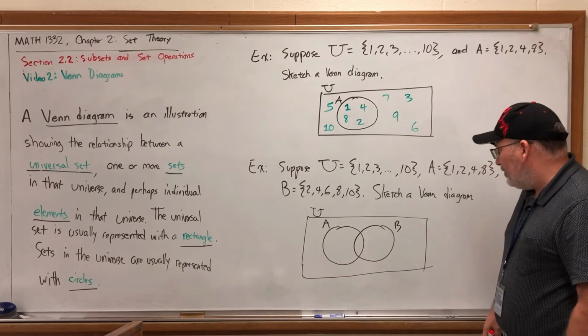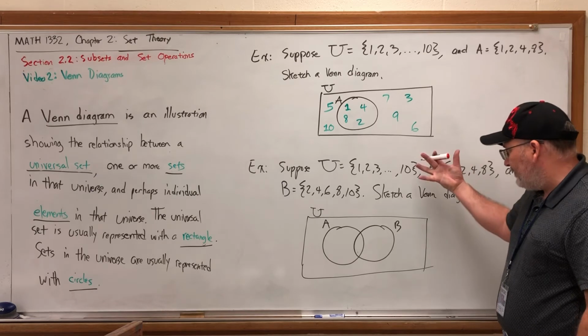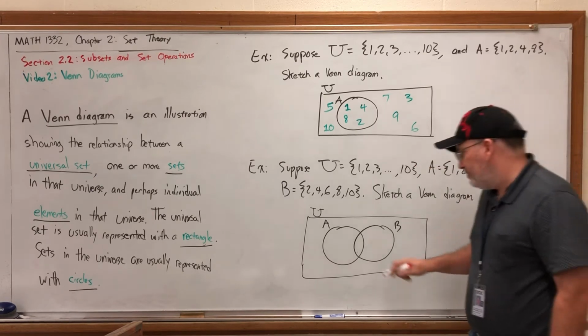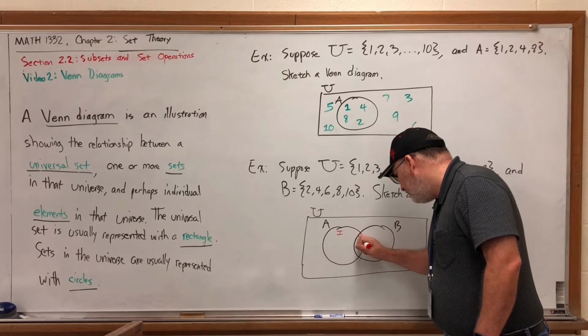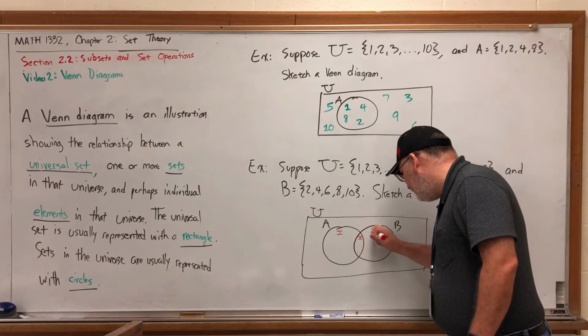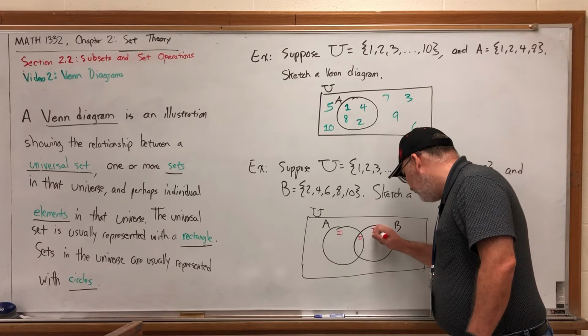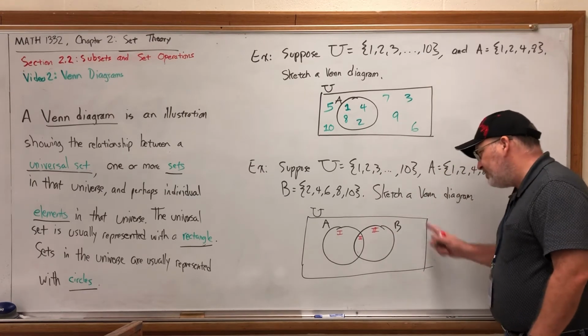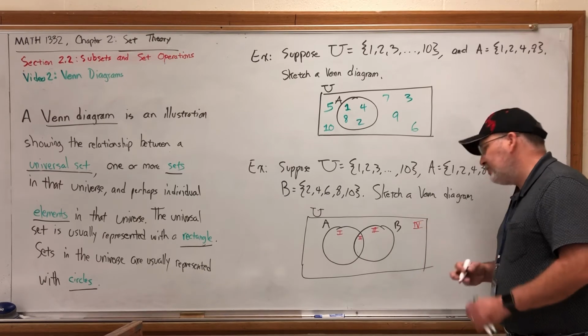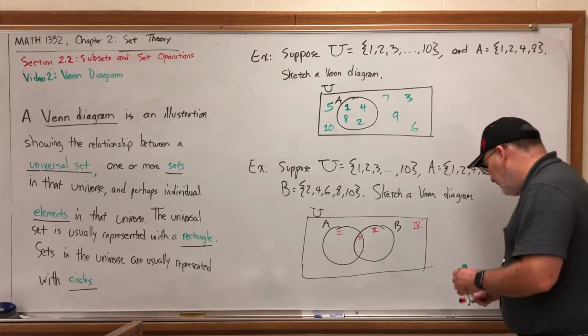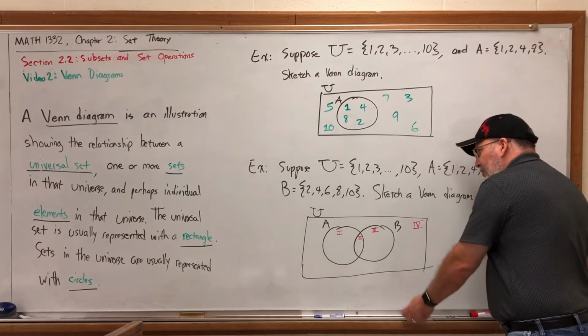Well, I don't want to call them 1, 2, 3, and 4 because we already have those numbers. Let's use Roman numerals. Roman numeral 1, Roman numeral 2, Roman numeral 3, and then the region outside both circles we'll call Roman numeral 4. And this will just be for reference purposes, so we can talk about portions of this Venn diagram.